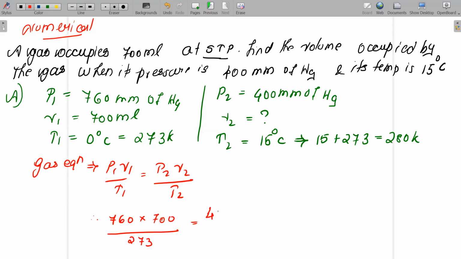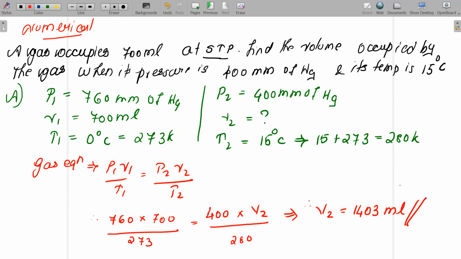P2 is 400 into V2, which we need to find, divided by T2. T2 is 280 Kelvin. So this one we formulate, and when you solve this, you'll get V2 is equal to 1403 mm.